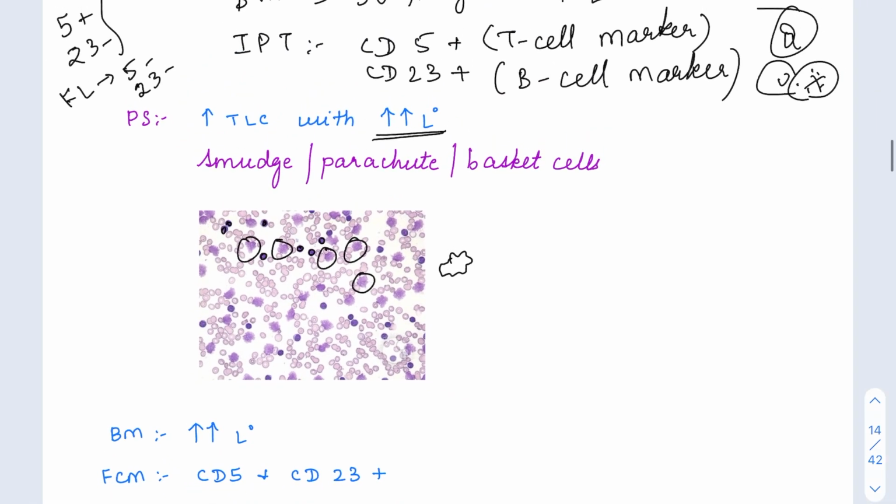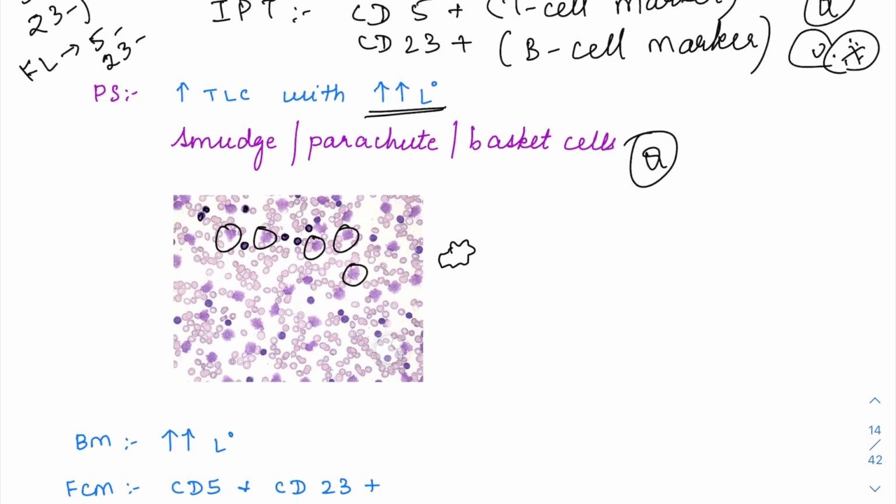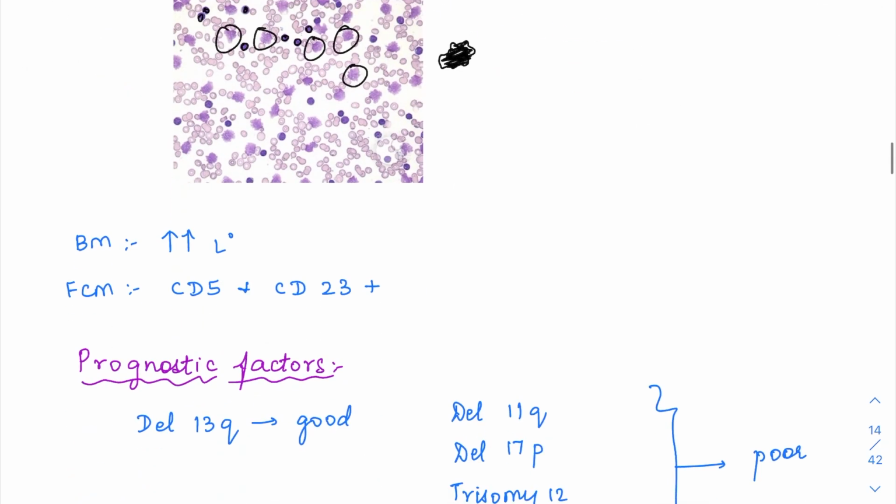These cells are called smudge cells or parachute cells or basket cells. These are nothing but an artifactual product, actually, not as such they are formed. When you are making the smear, these lymphoma cells, leukemia cells, CLL cells are going to be very fragile. So they break while making the smear, and the nuclear content of these leukemia cells is smudged like this. This violet appearance of this kind of cells is called the smudge cells, which we see in CLLs.